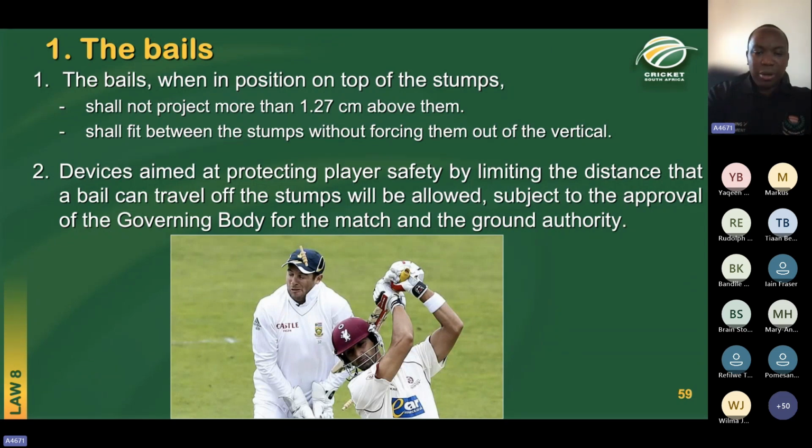Another safety measure that has been put into place by many playing conditions around the world is for wicket keepers, whenever they're standing up to the stumps, to always wear a helmet. Player safety is of utmost importance, not just to us as umpires, but to the lawmakers as well. And those are some of the measures they've put in place to improve player safety.